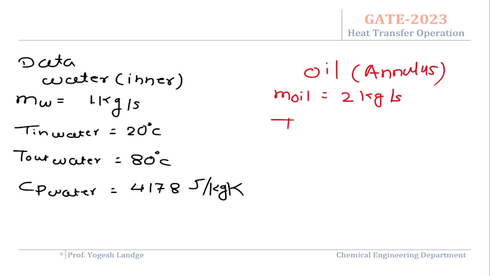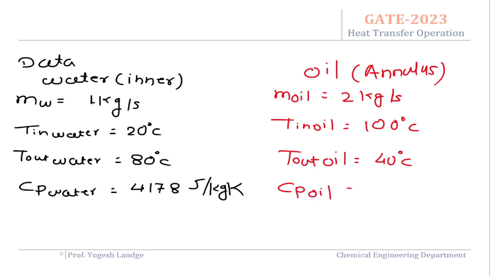T in for the oil is 100 degrees Celsius, and T out, the outlet temperature of the oil, is 40 degrees Celsius. The specific heat of oil is 2089 joule per kg per Kelvin.